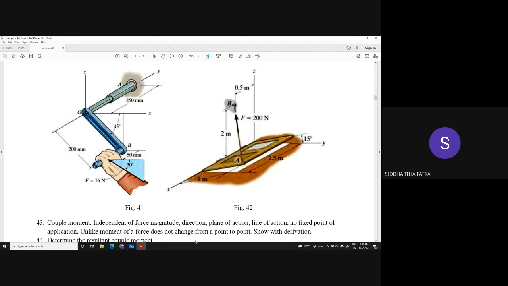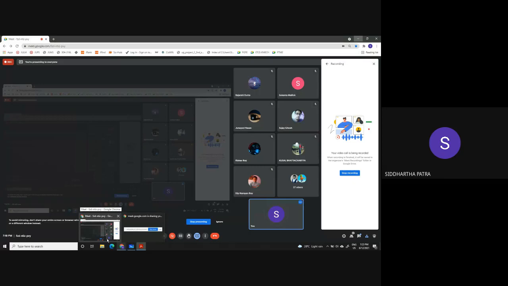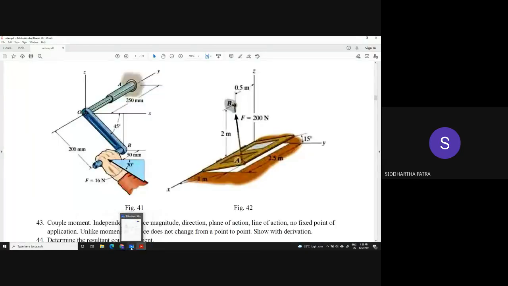Are you able to start working on the problem? What is the position vector with respect to O?